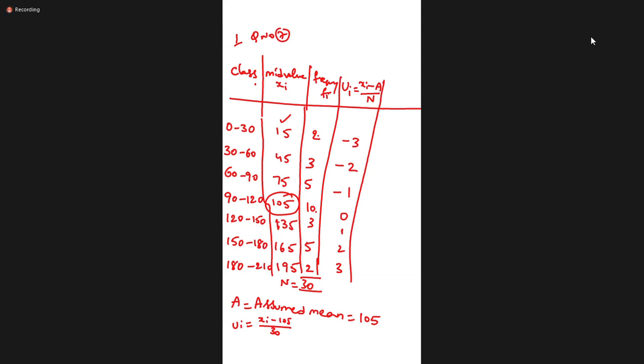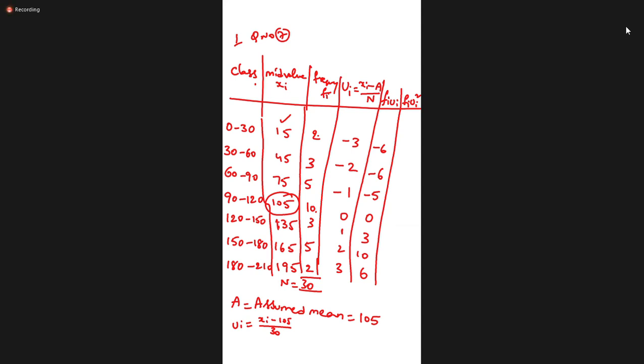After finding ui, we have to find fi ui. Multiply with the frequency. Then we get minus 6, minus 6, minus 5, 0, 3, 10, 6. Next fi ui square: square u and multiply with f.